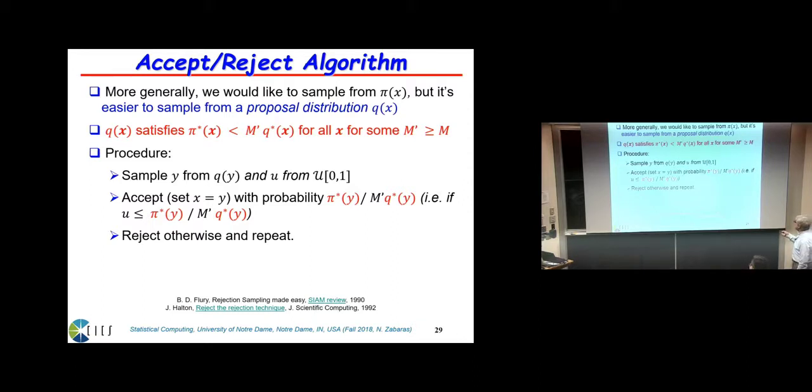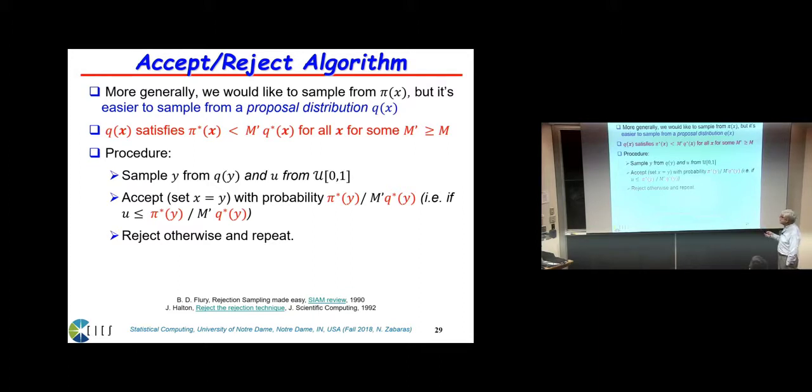So the algorithm has this new element that you sample from the proposal distribution. It has this important step that says, no, you don't accept every sample, because the samples don't come from pi, they come from Q. You only accept those samples for which this constraint is satisfied.